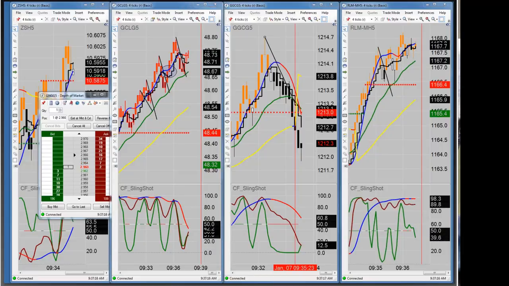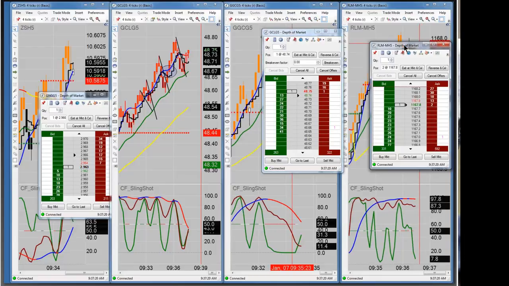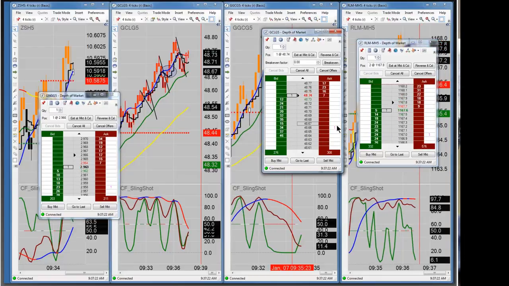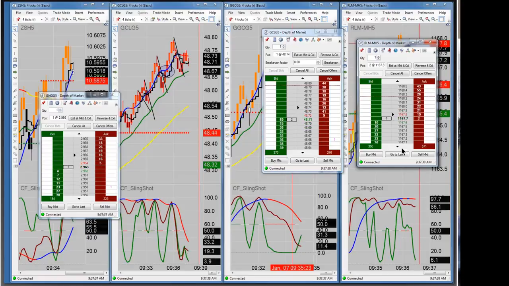Okay. So I got a long here. I got a long here. I got a long there. I got all three of these working right now. And I'd hate to see all three of them stop out. It could happen, but hopefully some combination will give us our goal for the day.